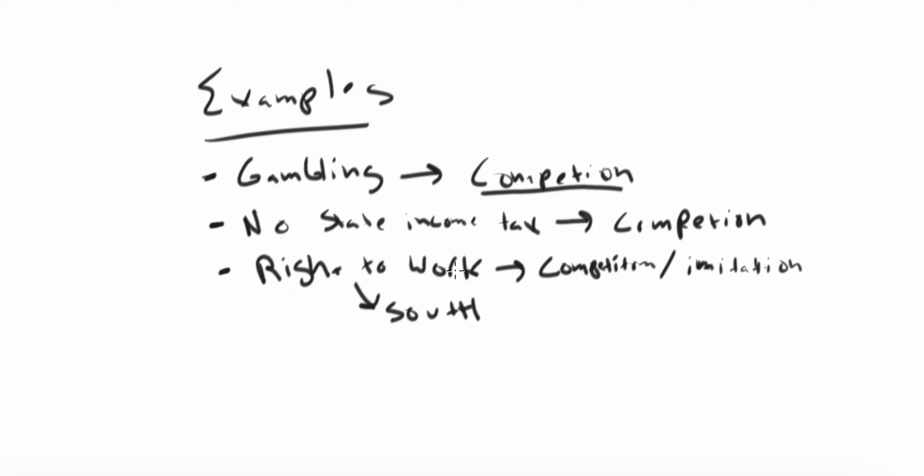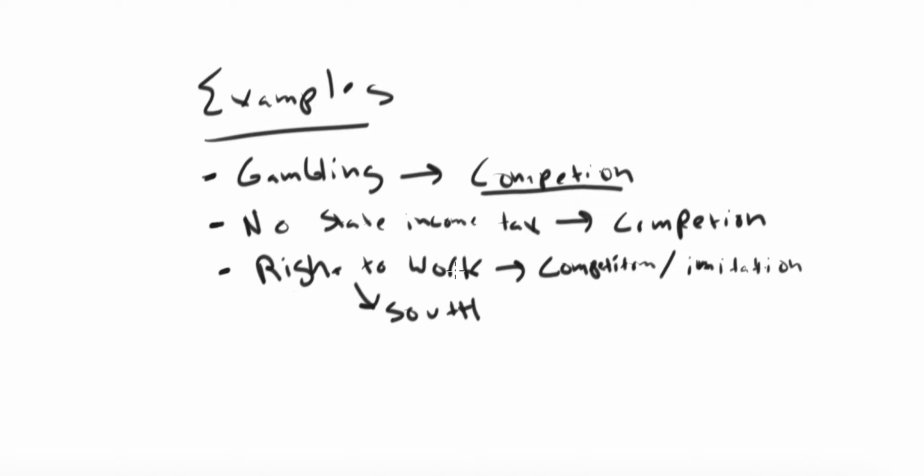All right, so just to recap real quick, policy diffusion occurs when the probability of a government adopting a policy is influenced by a policy that's been adopted by another government. These mechanisms include for policy diffusion when these policies spread throughout the states in our examples here.